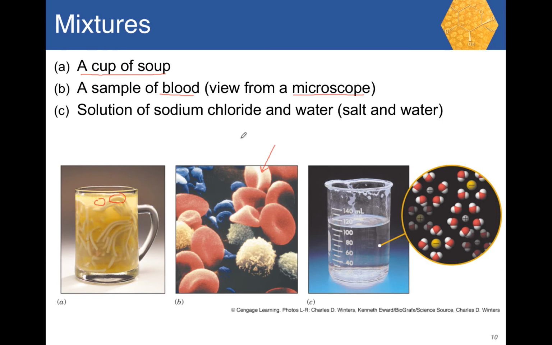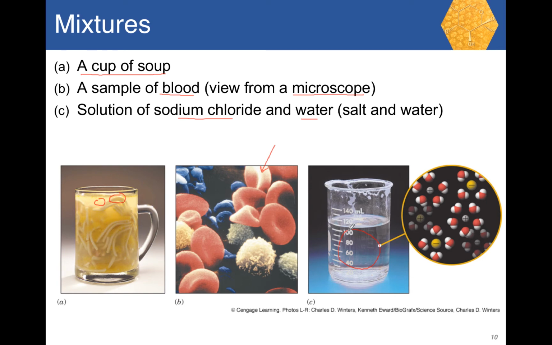Let us look at the last example here, a mixture of sodium chloride and water, salt and water. Looking at it, you can see that it's uniform throughout. If you put it under a microscope, you will still see a uniform composition throughout. We will see later on, however, that it's made up of molecules, but we cannot see those molecules with a microscope.